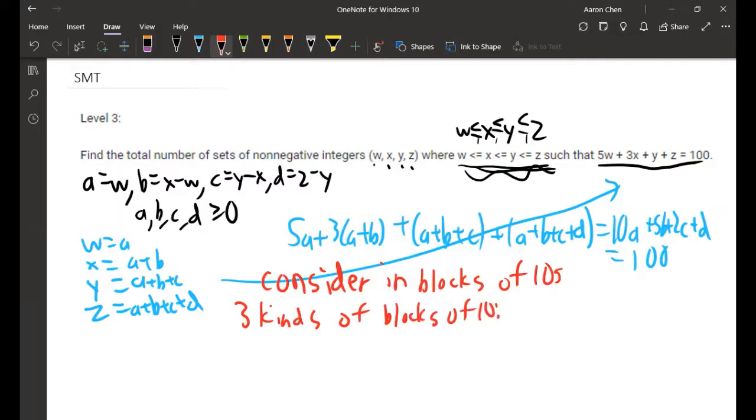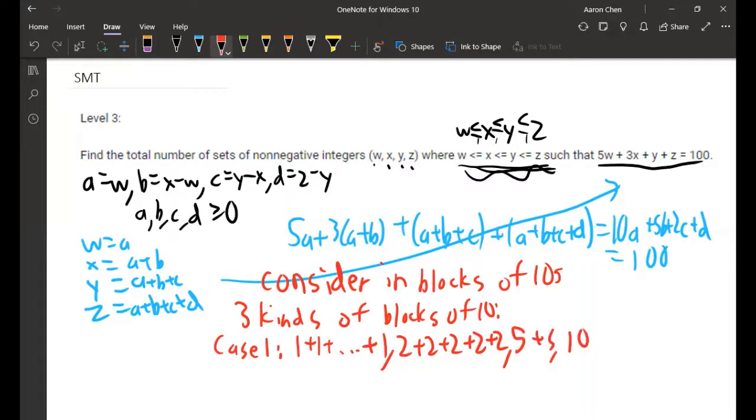And so the first case literally just has 4 different kinds of blocks. The first block is 10 ones. The second kind of block is 5 twos. The third kind of block is 2 fives, and the final kind of block is 10.